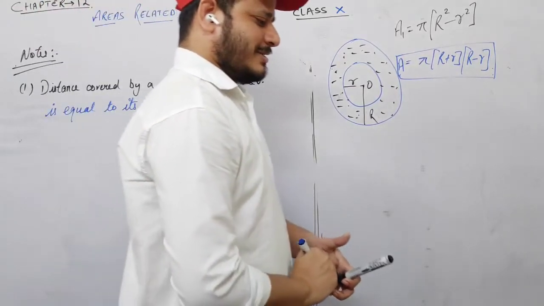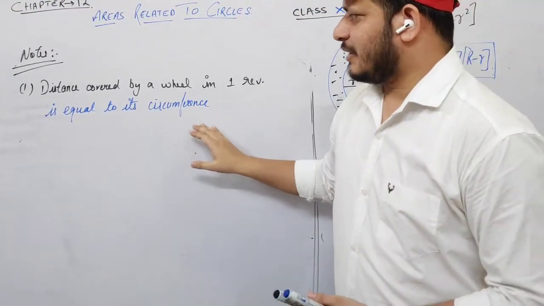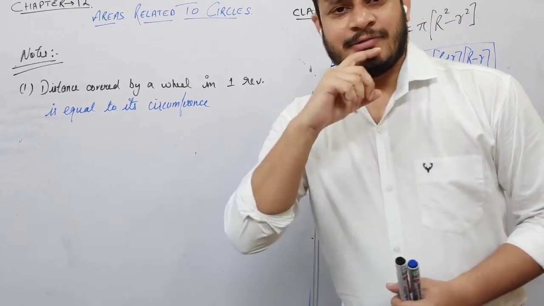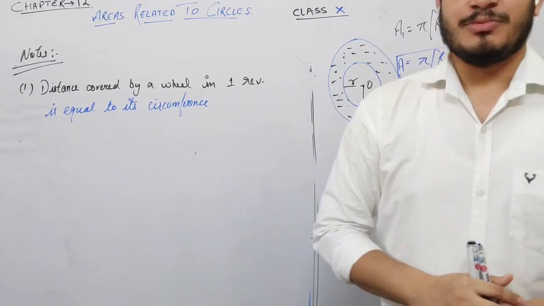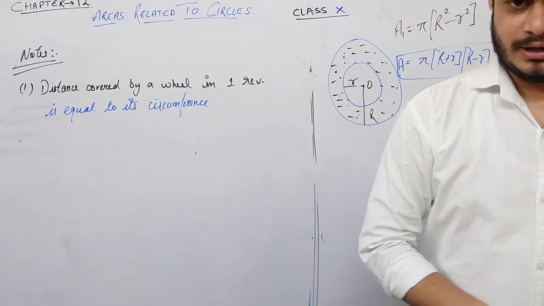So the distance moved by a wheel in one complete revolution is equal to its circumference.